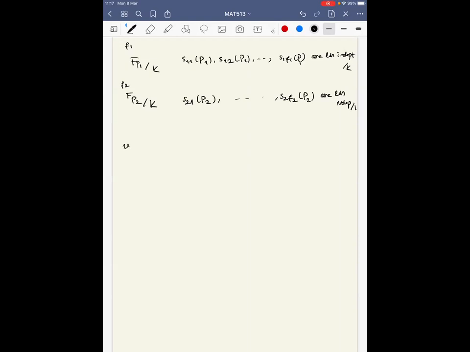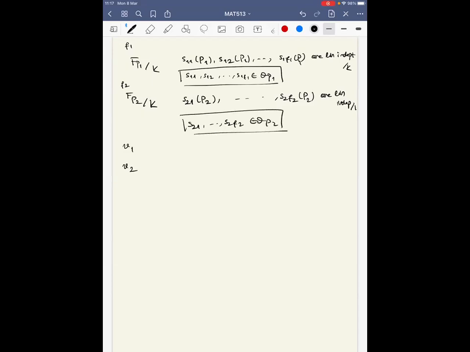Now in the construction, for each valuation, these s_ij are functions in the valuation rings.